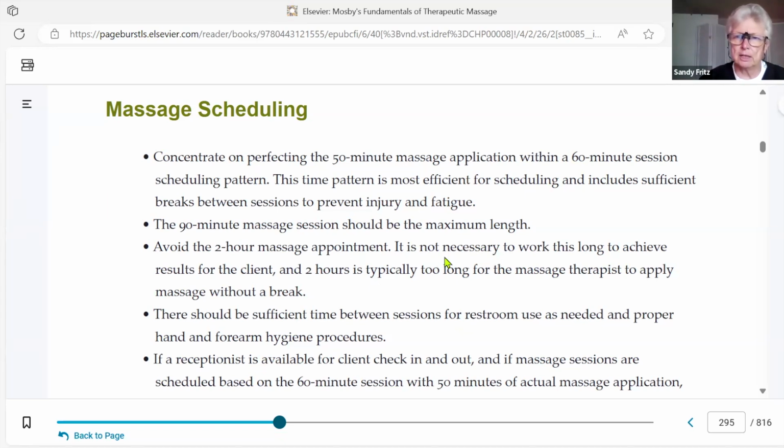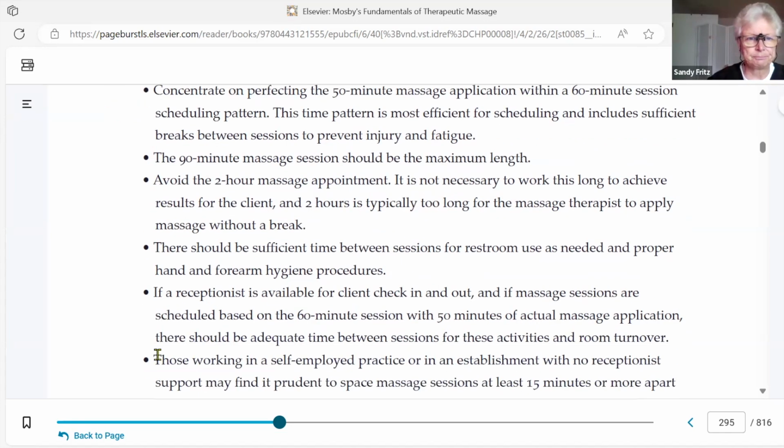It's too long for the client to be on the table as well. About the maximum you can go without needing the restroom, either the client or the massage practitioner, is 90 minutes. And so just don't do that.